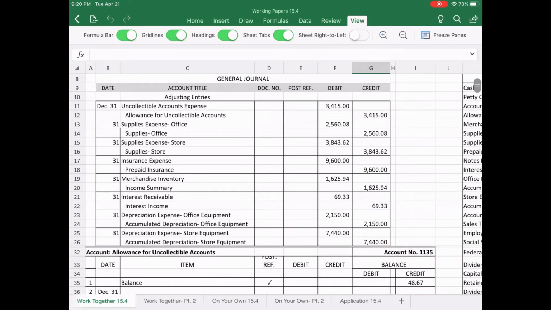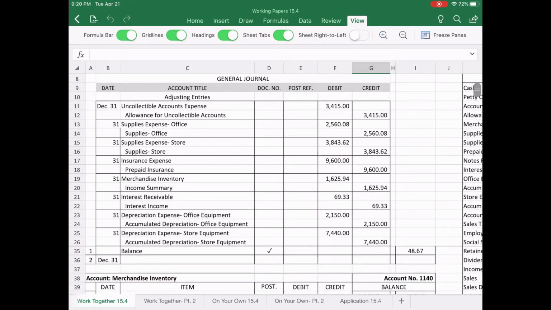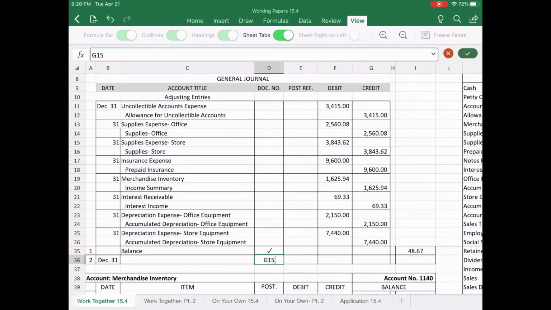So we are going to go ahead and start posting all of these transactions on their individual ledgers. The first ledger is allowance for uncollectible accounts, and that amount is $34.15 in the credit column. I already have my date in there for you all. We are on General Journal page 15. $34.15.